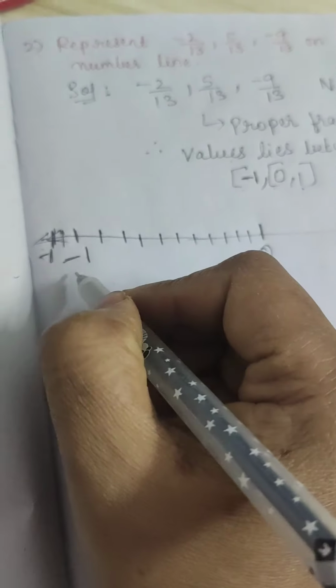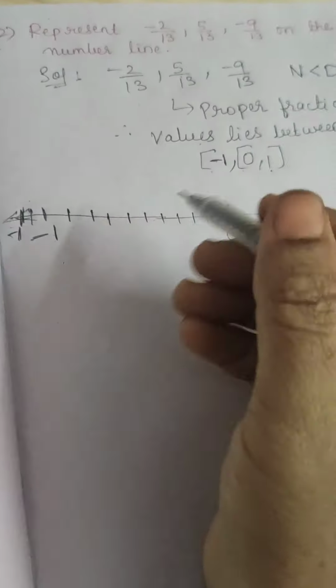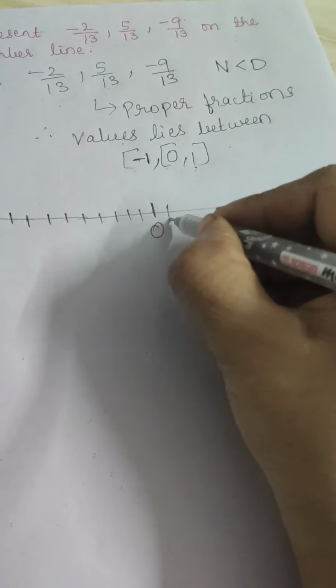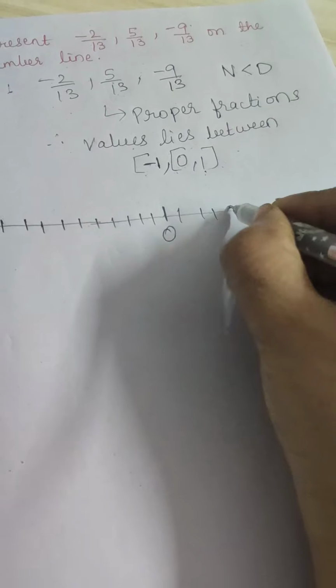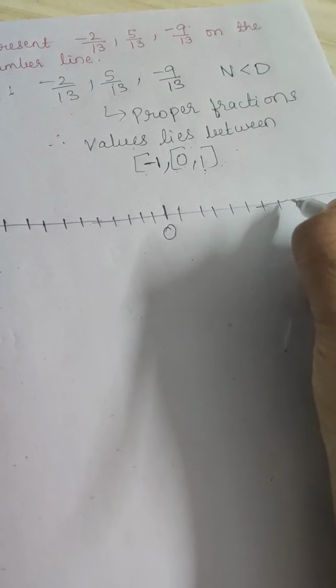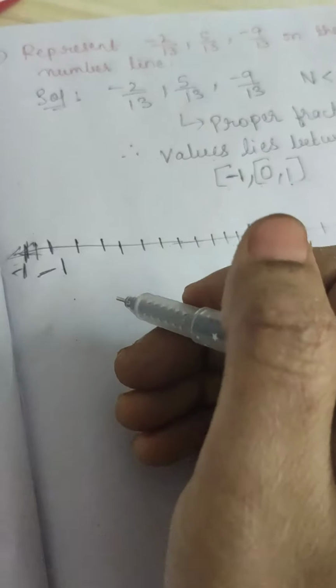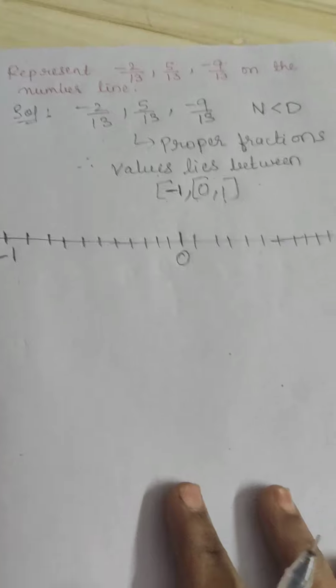This is minus 1. Again here 1, 2, 3, 4, 5, 6, 7, 8, 9, 10, 11, 12, 13 parts. Okay, this is plus 1.